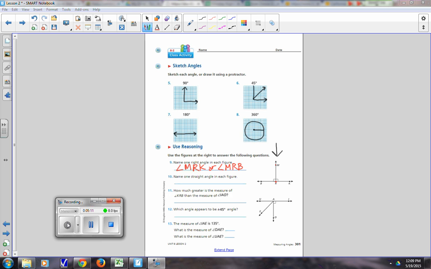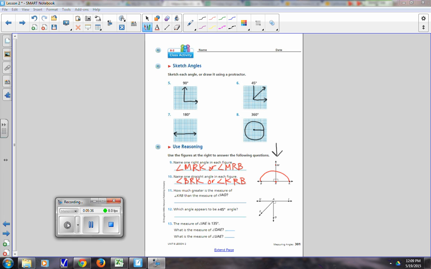Those are both right angles. One straight angle would be angle BRK, or angle KRB. So it's from here to here. That's a straight angle, 180 degrees.